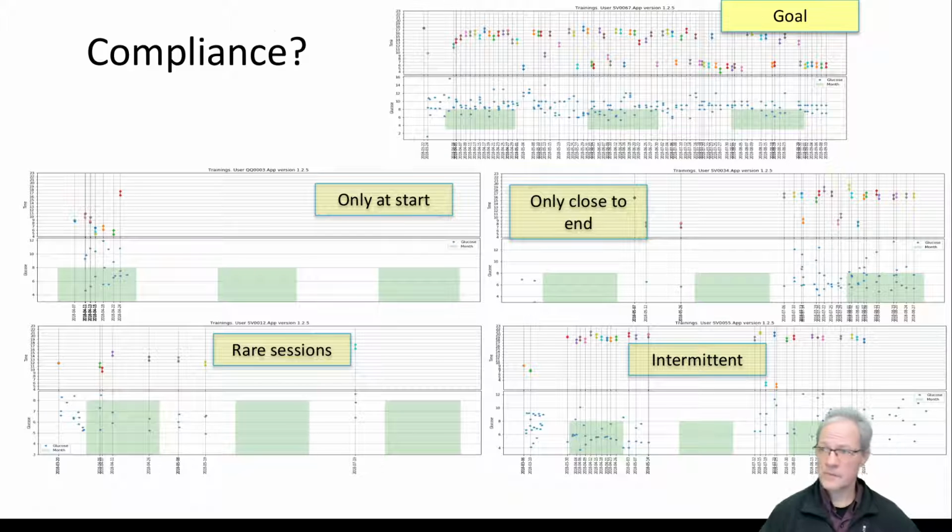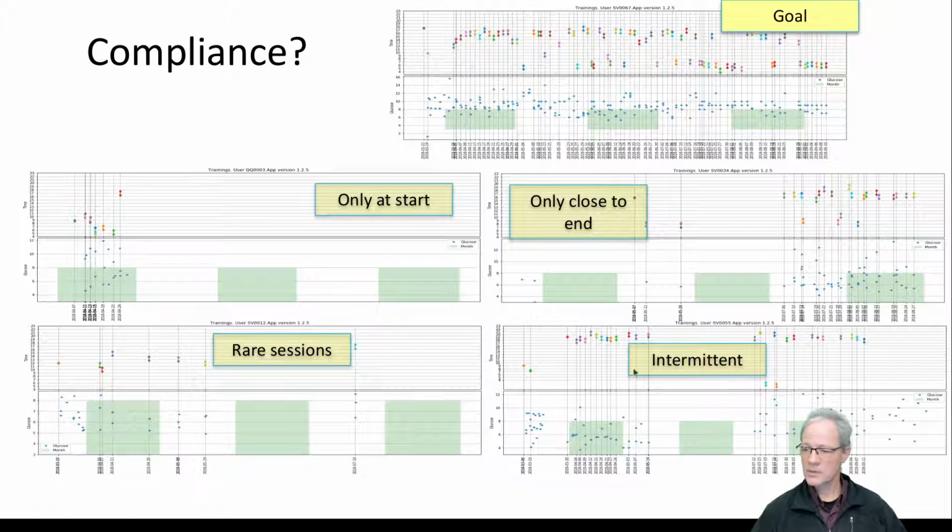So anyway, compliance. Sometimes people would just do it at the beginning. Sometimes they would not do much in the beginning, but at the end they would say, "Oh yes, I can do it now. Let me do it now," right? For the last month or two. Some people would just participate in the training sessions occasionally.